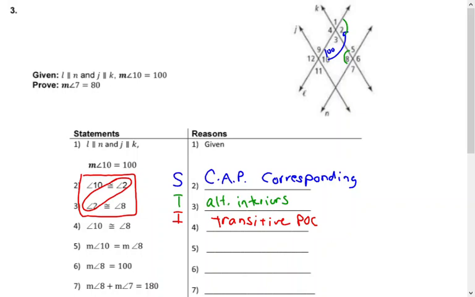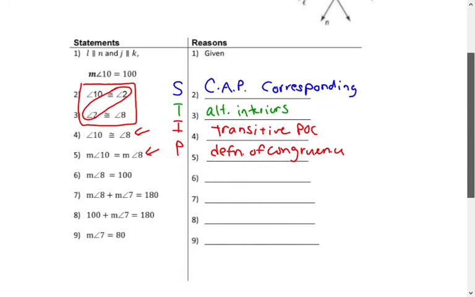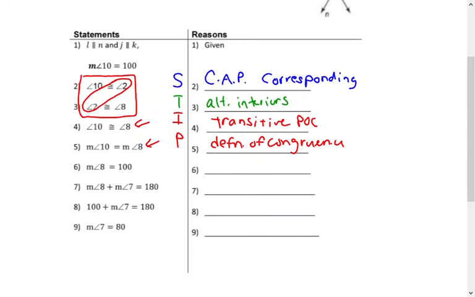So step 5, we now want to say that from knowing the angles are congruent, being able to say that the measures are the same is what the definition of congruence is. And that is P. Okay. A couple more to look at. Now we can say that the measure of angle 8 is 100 degrees.